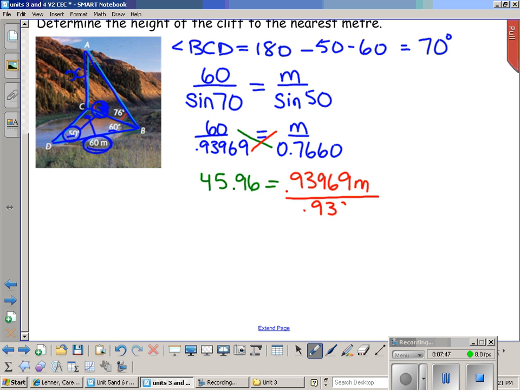Divide by 0.93969. And we get 48.9 equals m. We're talking about nearest meters. So we will say that it is 49 meters. And that's the side length CB.